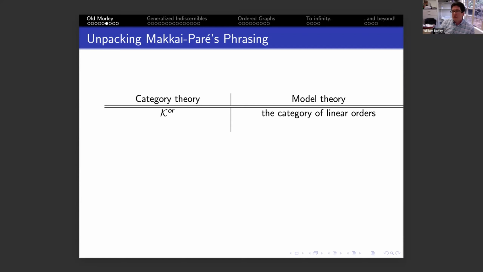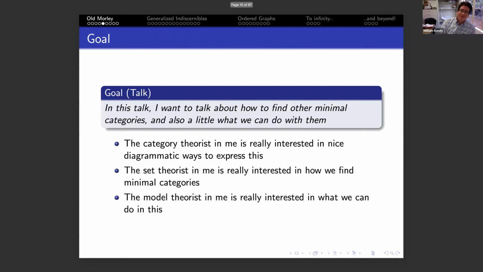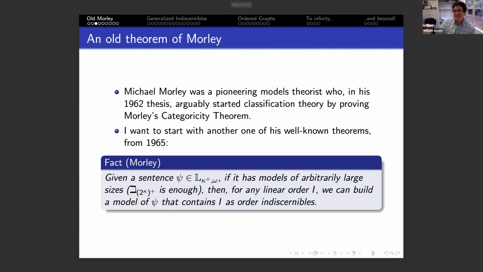Could I ask a question also? Of course. Coming back to your introduction, you've stated Morley's omitting types theorem in terms of L_{kappa^+ omega}, but the name of the theorem suggests it's about omitting types. And I guess any L_{kappa omega} sentence could be phrased in terms of some sort of iteration of omitting types. Is that the connection there, or is there something else going on? No, that's exactly it.